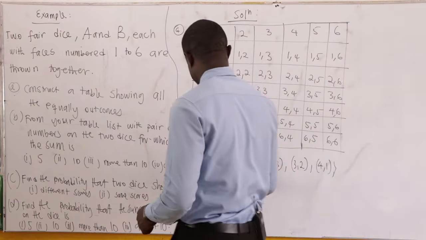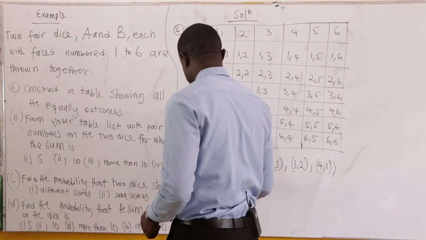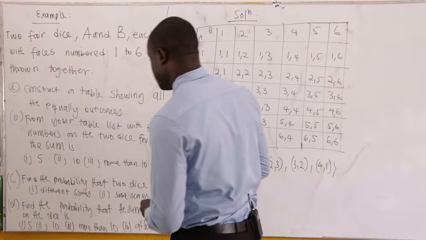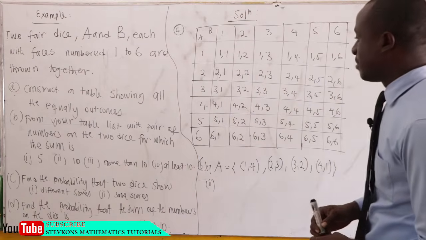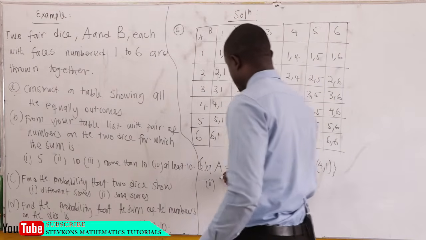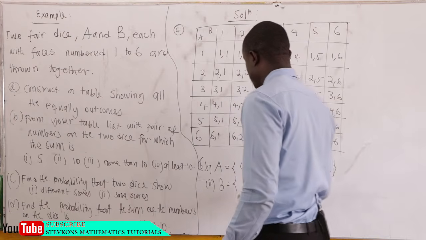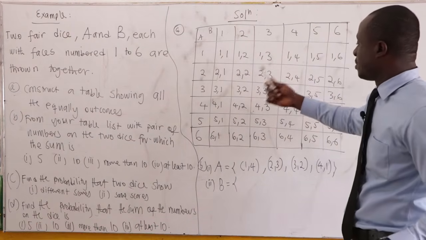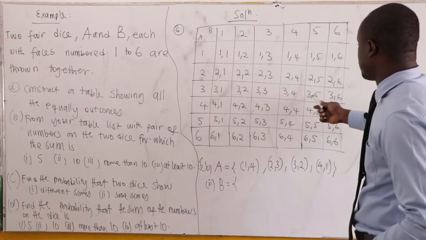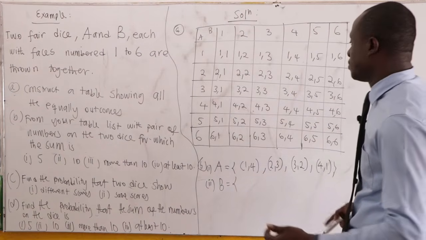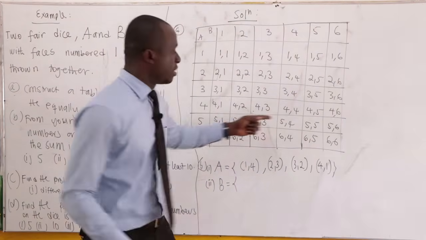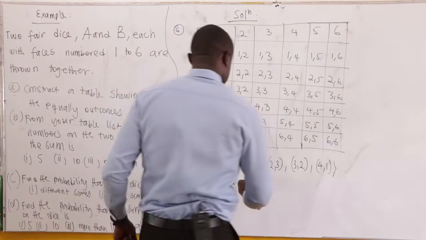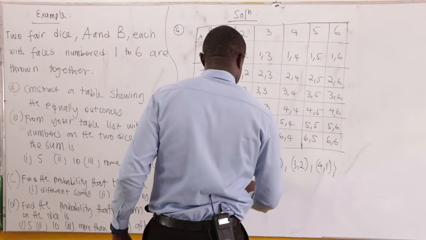Now let's see the second one. The second one says the sum is 10. So when you add the 2, you are getting 10. Let B be that particular event. 1 plus 6 is 7, no. 3 plus 4, no. 3 plus 5, 3 plus 6, no. 4 plus 1, no. But 4 plus 6 is 10. So we have 4, 6.